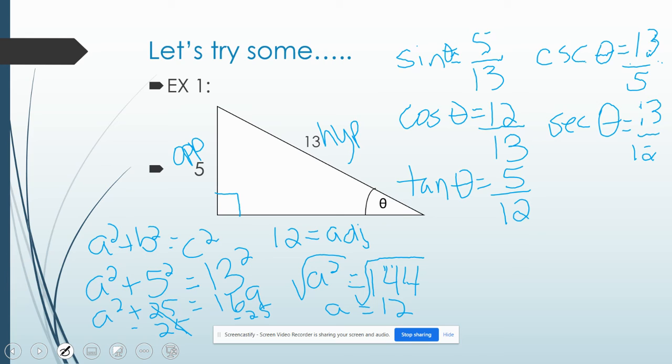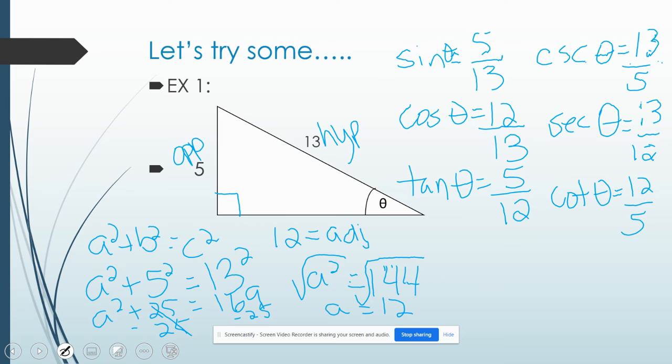It's 13 over 12. Cotangent of theta, flip that upside down, and you have 12/5. And that's all that we're trying to do right now. Just find that missing side and write our 6 trig functions.